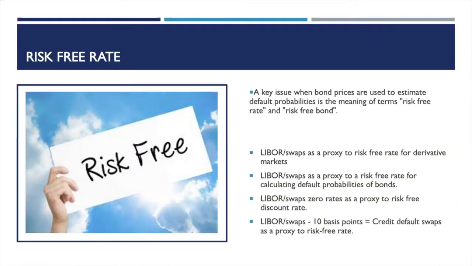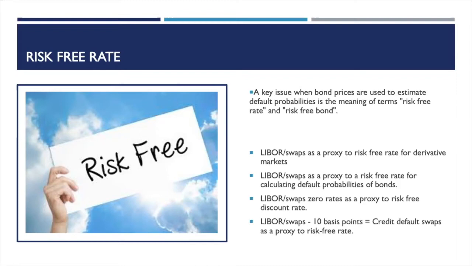Now we know that the risk-free rate is a key issue when bond prices are used to estimate default probabilities, in the meaning of the terms risk-free rate and risk-free bond. There are multiple ways to make a proxy for this risk-free rate. One of these is that traders usually use the LIBOR/swap rate as a proxy for risk-free rates when they are evaluating their derivatives, but also when they are calculating default probabilities.